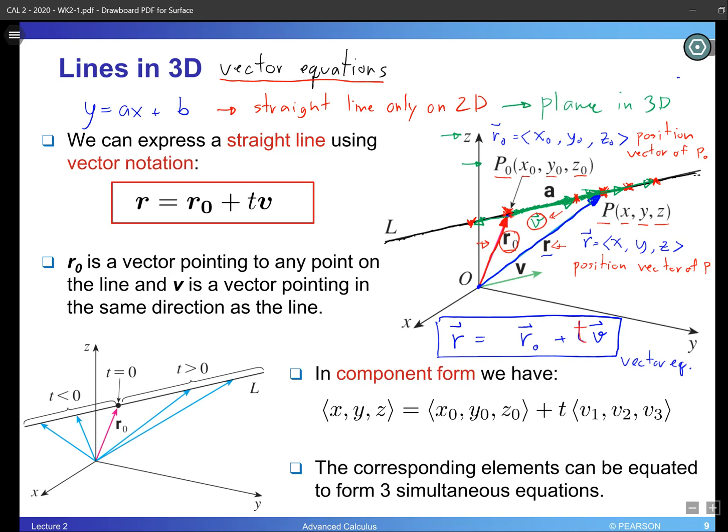This t is a coefficient, right? If t is equal to 1, we are going to land exactly at this point P in the figure. But if t is greater than 1, it's going to stretch this vector v a little bit further.